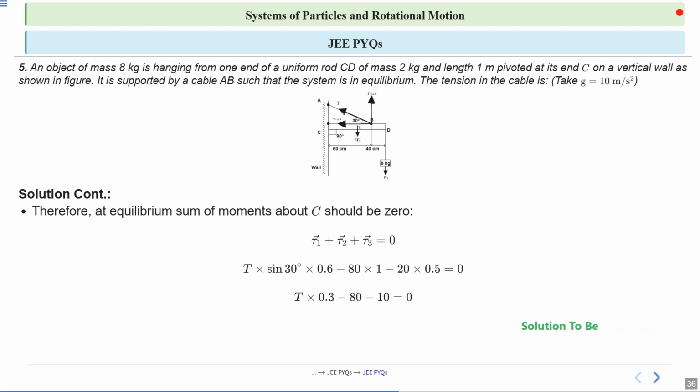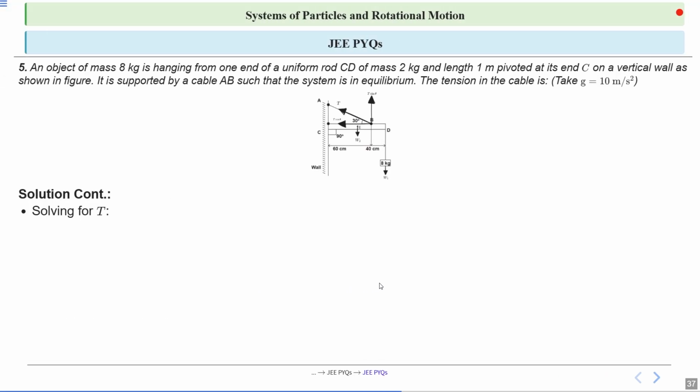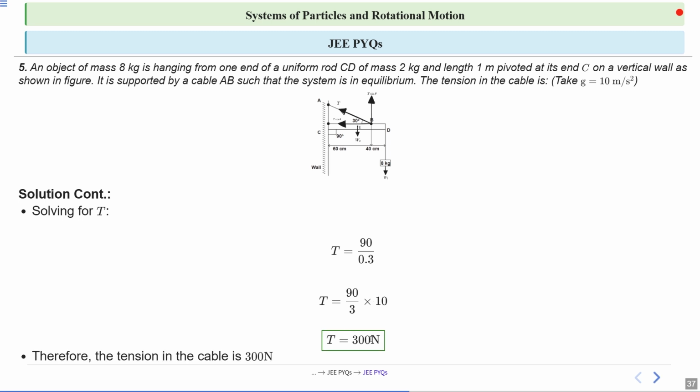Further solving this, you will get T as 90 divided by 0.3. So 90 divided by 3 into 10. So T equal to 300 Newton. Therefore the tension in the cable is 300 Newton.